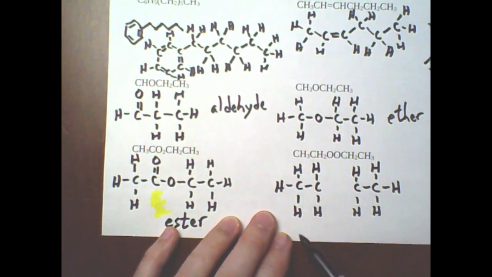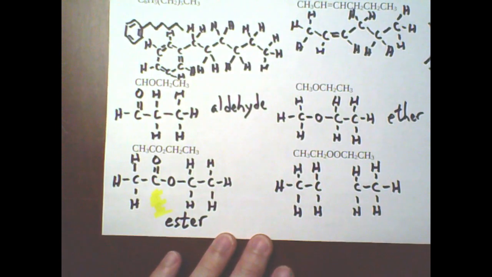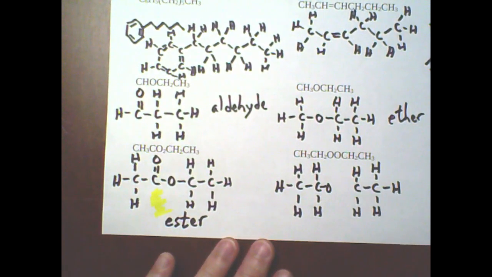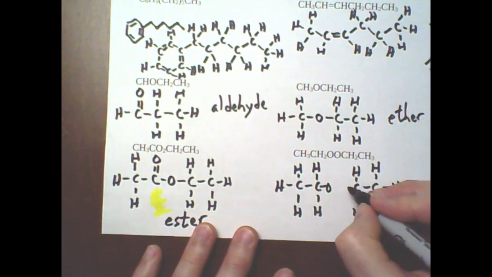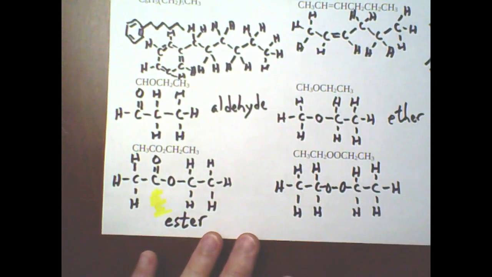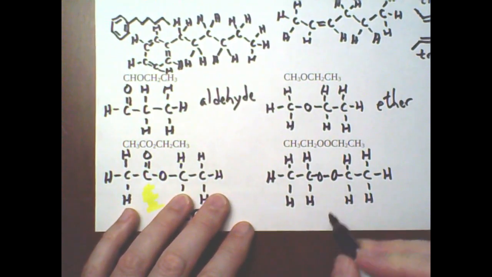Ethyl because they have 2 carbons. Each O wants a double bond. This carbon already has 1, 2, 3. This carbon already has 1, 2, 3. So they only have enough for 1. Well, we can make that work if we connect the O's in this way. Now each O has 2 bonds.